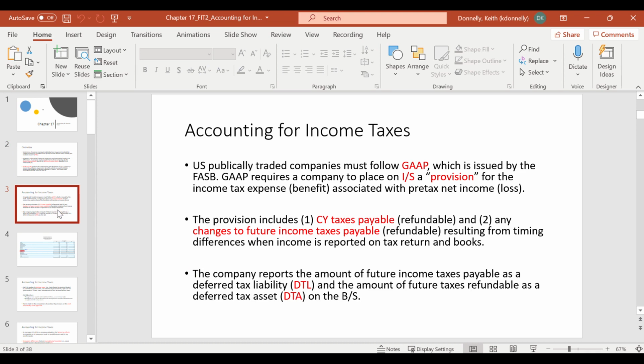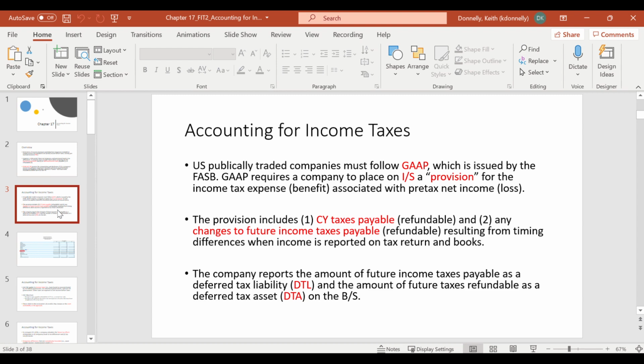So as we've discussed, this chapter is meant to be just an exposure to this. It's a survey course. This is not an entire course on provisions. It's just an introductory matter. So we're starting with GAAP, which is issued by FASB. The Financial Accounting Standards Board makes GAAP, which are kind of the rules of accounting.